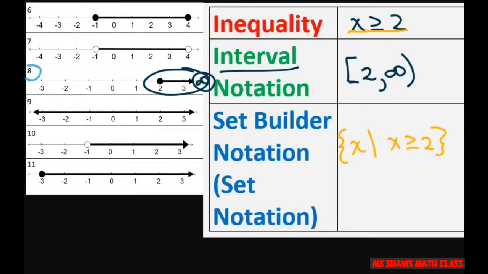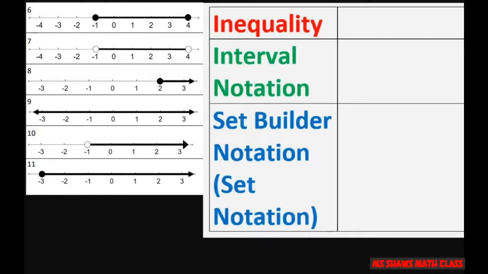All right, now the next one, number 9. It looks like it's the whole number line, so basically it's all real numbers. You could write x is between negative infinity and infinity.